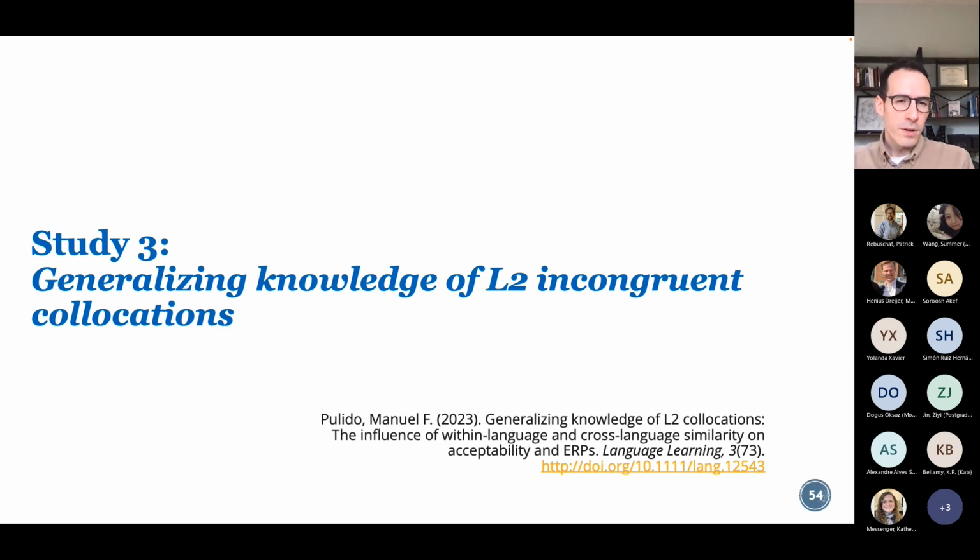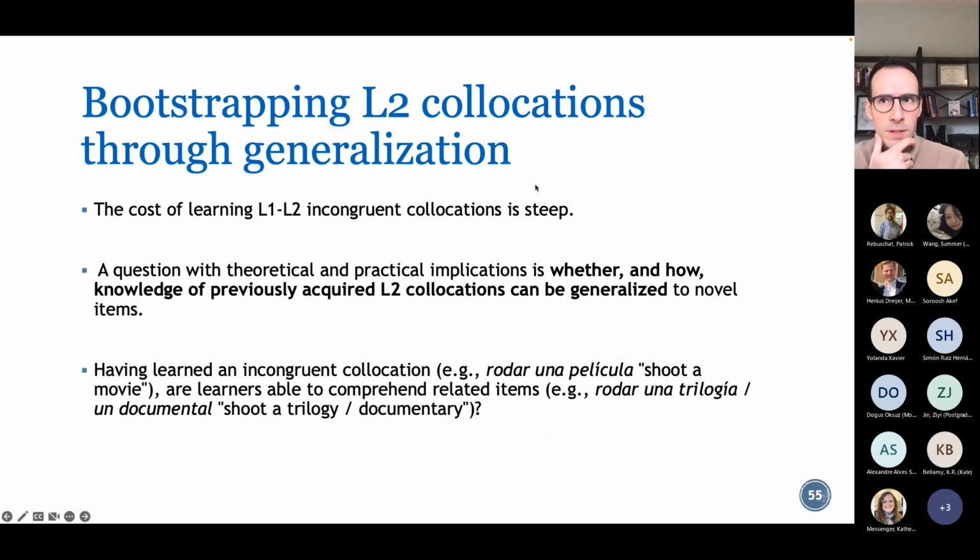So this third study builds off the findings from the first two studies, but what's apparent from these two experiments is that the cost of learning incongruent collocations is very steep. So a question that has both theoretical and practical implications then is if and how the knowledge of these previously acquired second language collocations can be generalized to new items.